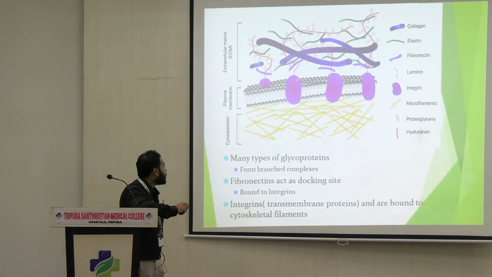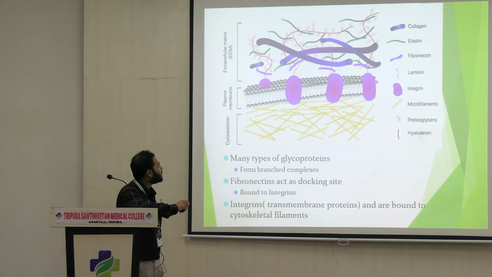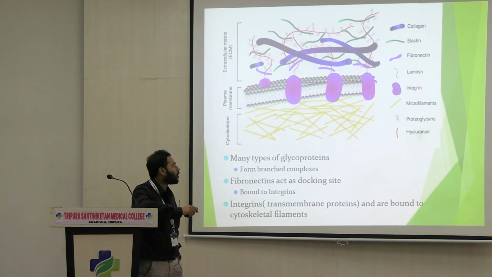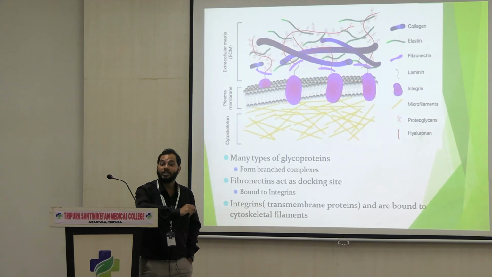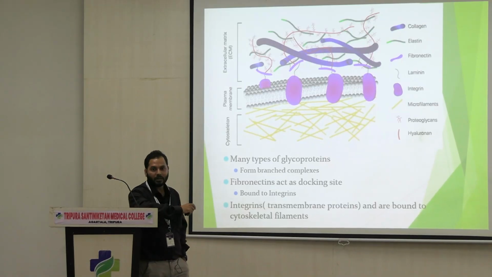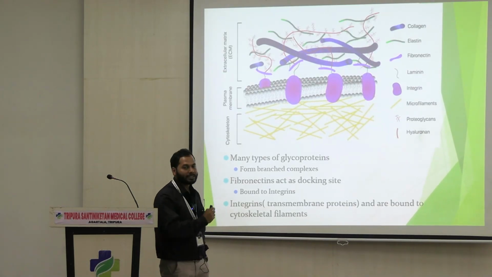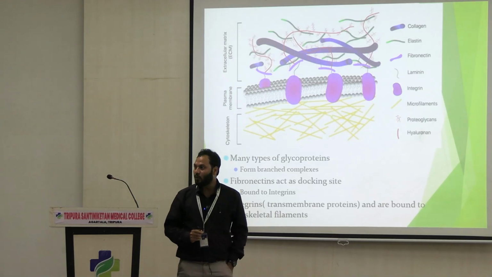Along with this, we can see some transmembrane protein and some thin fibers which are attached to the others. These transmembrane proteins are called integrins, which are adhesive proteins, and that integrin is bound with the laminin along with the fibronectins. So this complex of fibronectin, laminin and transmembrane protein are adhesive proteins.